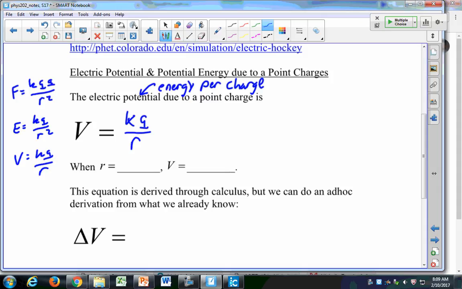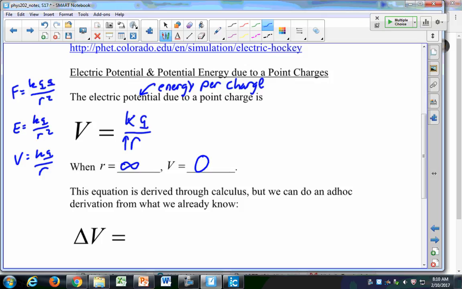We have a reference point: when r goes to infinity, when r is really, really big, what happens to the potential? It goes to zero. That's a limit, right? Y'all talk about limits, that if I let one variable approach infinity, or if I let one variable approach zero or whatever, my potential will approach another value. So if I let this approach infinity, this approaches zero, or we just say it's equal to zero.